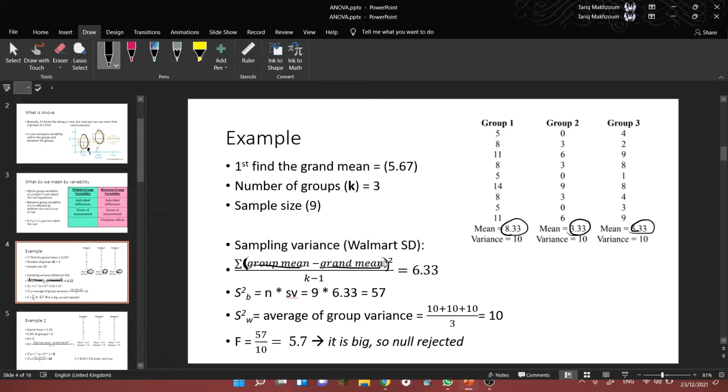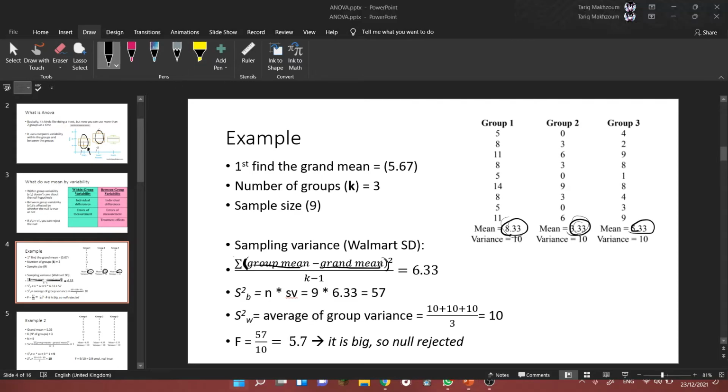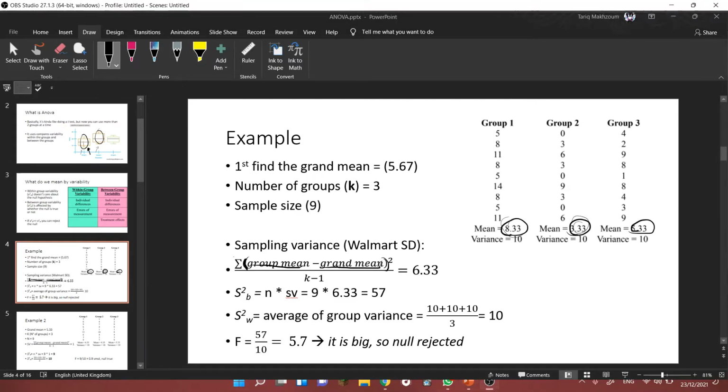Once you add up the squared differences between the group mean and the grand mean for each of the three groups, you're going to divide that by k minus 1, where k is the number of groups that we have. Right, so I'm just going to try and demonstrate that. Just a second.